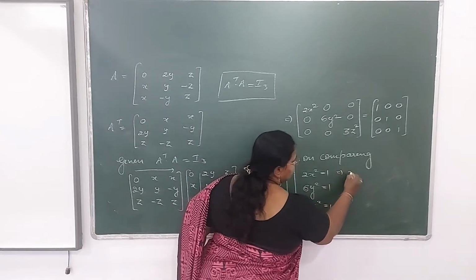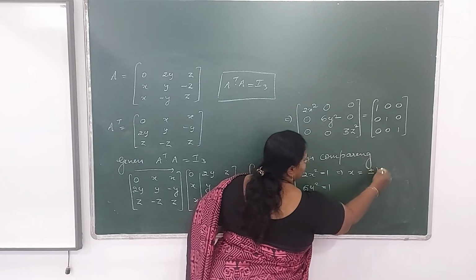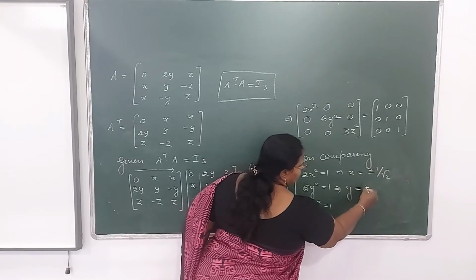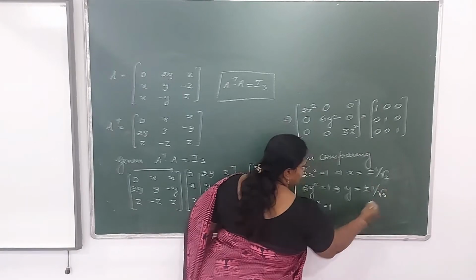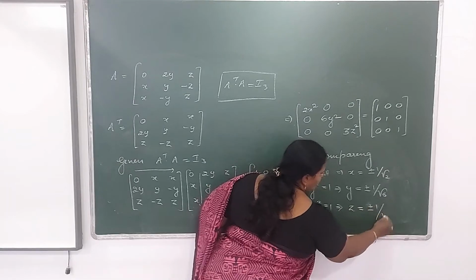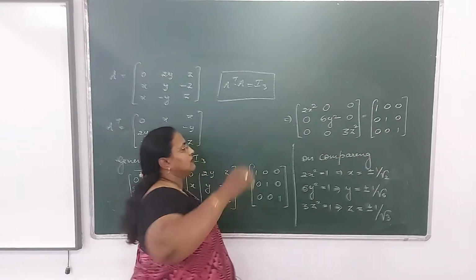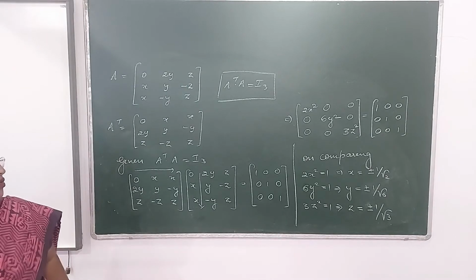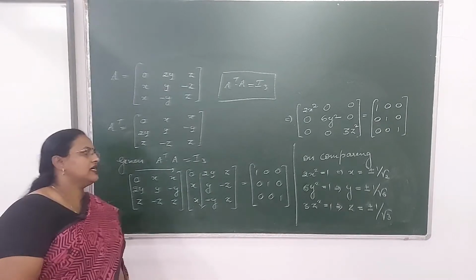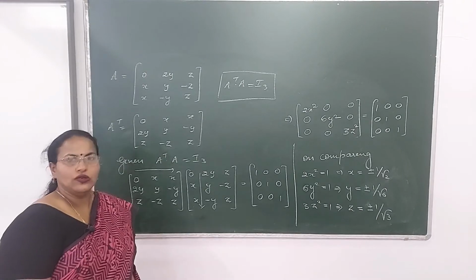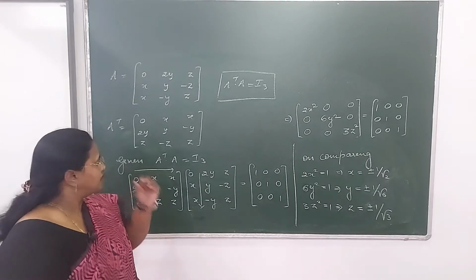So, what about x then? x is equal to plus minus 1 by root 2. y is plus minus 1 by root 6. And z is plus minus 1 upon root 3. So, this is the entire procedure. So, I hope children you are getting all the things clear here. Okay. So, we can do the next question now.